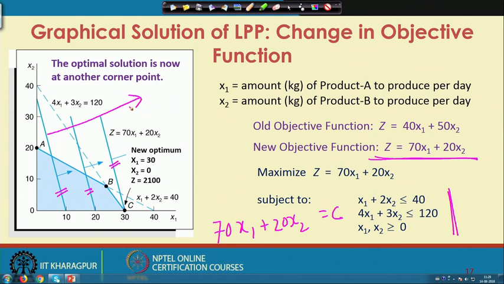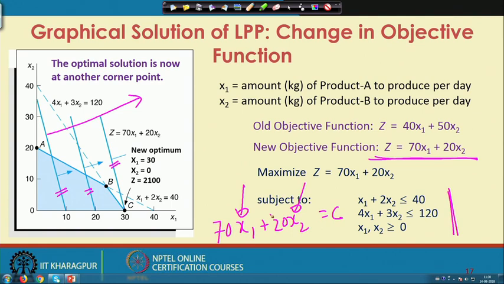Now, if you look at this figure, you see point C is the new optimum. Point C corresponds to the solution x 1 equal to 30, x 2 equal to 0 and z equal to 2100. Put x 1 equal to 30 and x 2 equal to 0 here, you get z equal to 2100.